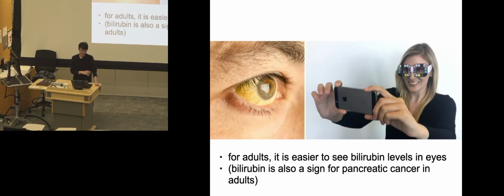They also have methods for adult measurement. For adults, it's less likely to show on the skin unless it's super severe. A more accurate way to do it is to look at your eye, at the color of the surroundings of your eyeball, and use that to determine your bilirubin level.